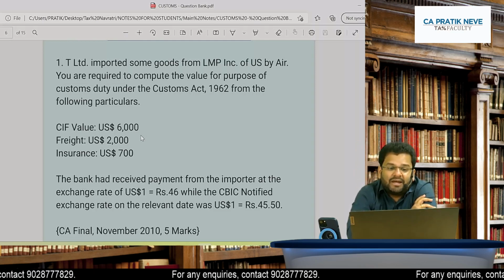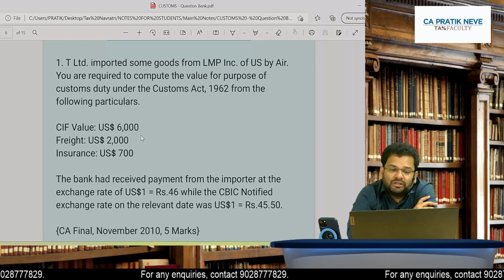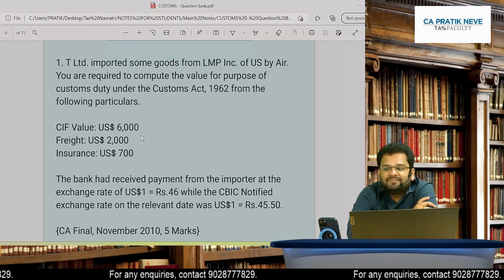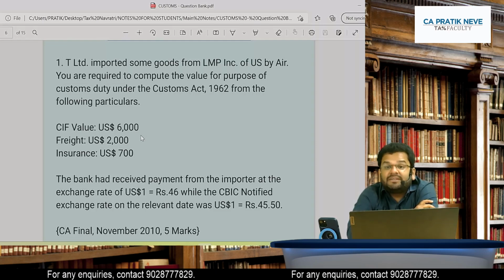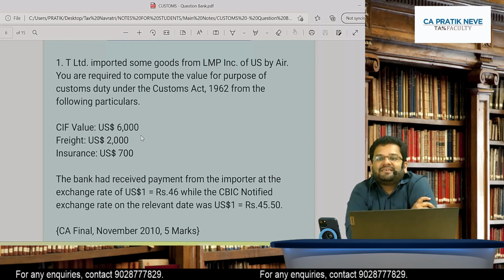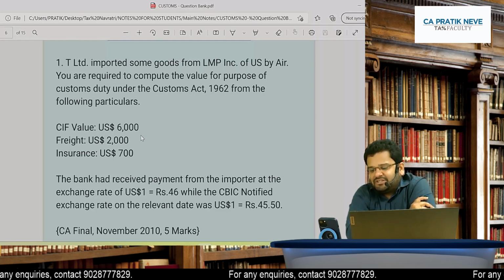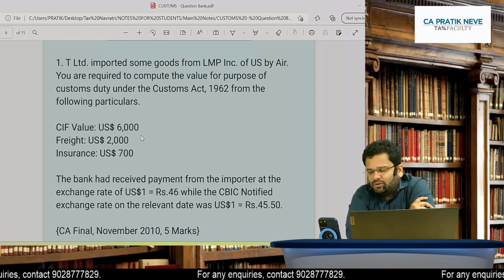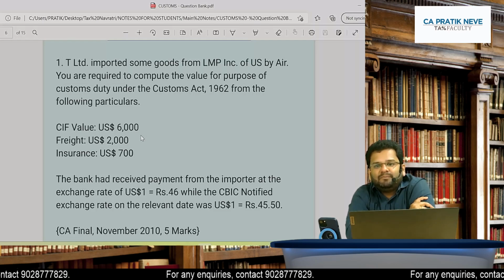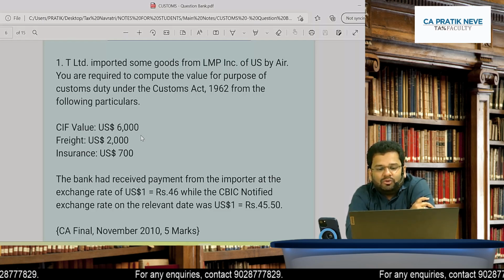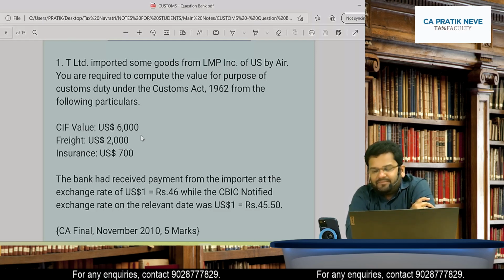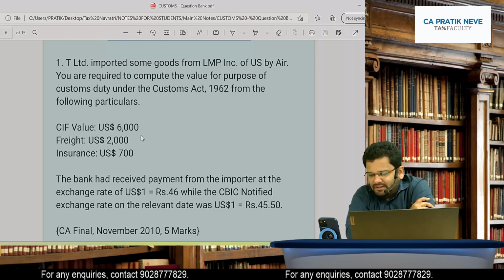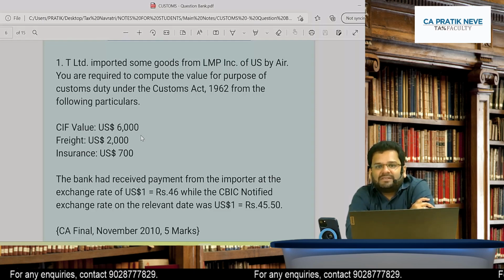Yes. So can I do 6,000 minus 2,000 minus 700? That will be 3,300. What will be 3,300? 3,300 will be FOB. So now, can you calculate transport cost? 3,300 into 20% is 660.